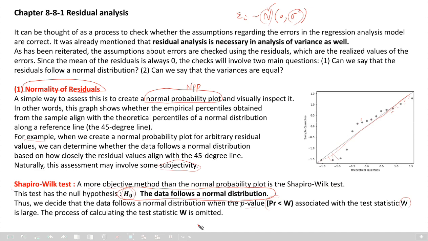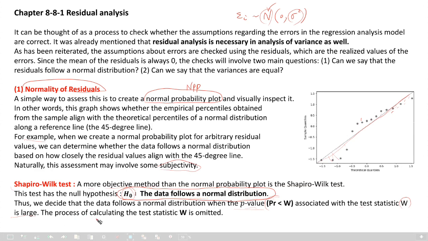In most cases when you analyze data, the smaller the p-value the better the result, I mean, the stronger you reject H naught. But here the p-value is large, then what? The data follows a normal distribution.